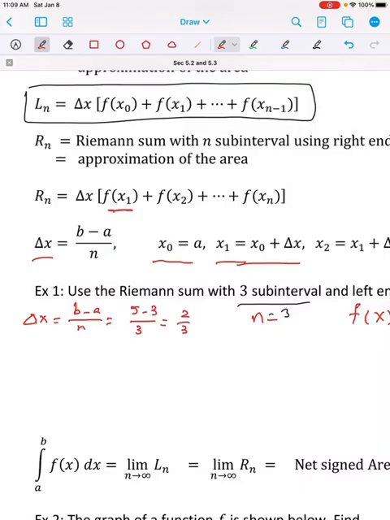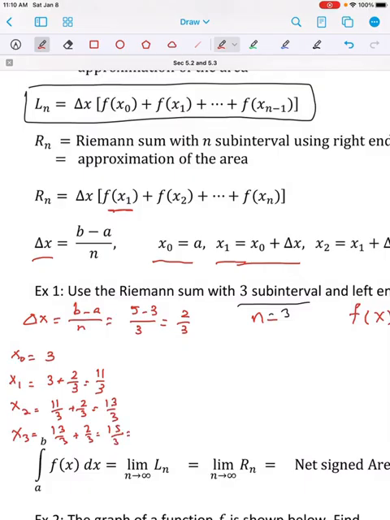So x sub 0 will be 3, x sub 1 will be 3 plus 2 over 3, which is 11 over 3, and x sub 2 will be 11 over 3 plus 2 over 3, which means 13 over 3. X sub 3 will be 13 over 3 plus 2 over 3, which means 15 over 3, which is 5.